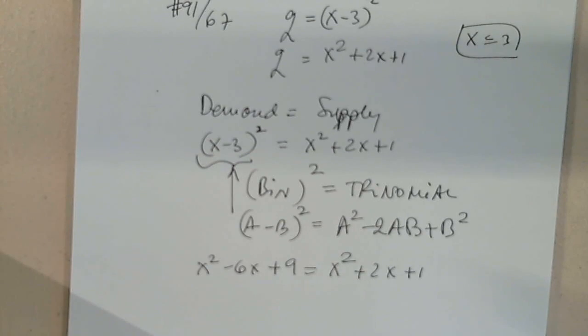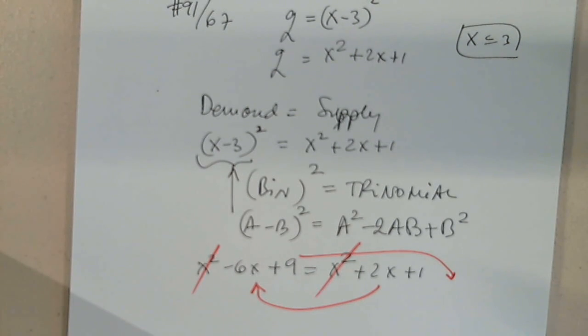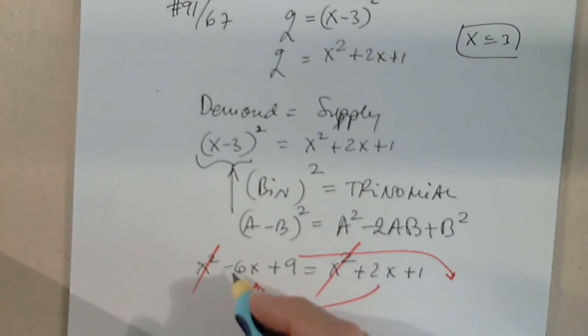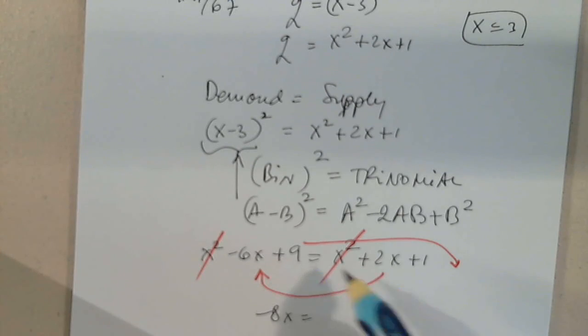I subtract x squared from both sides, then move 2x to one side and 9 to the other. When I move a term from one side to the other, I have to change its sign. Negative 6x minus 2x is negative 8x. When I move positive 9 to the other side, I change its sign: 1 minus 9 is negative 8, so x equals 1.